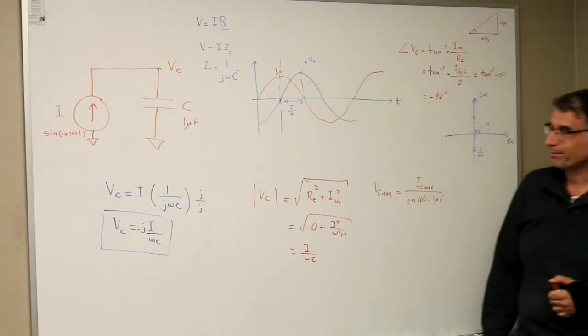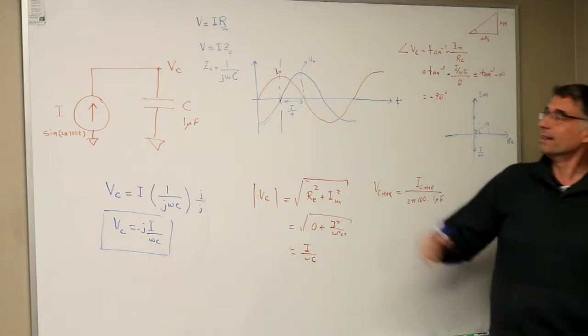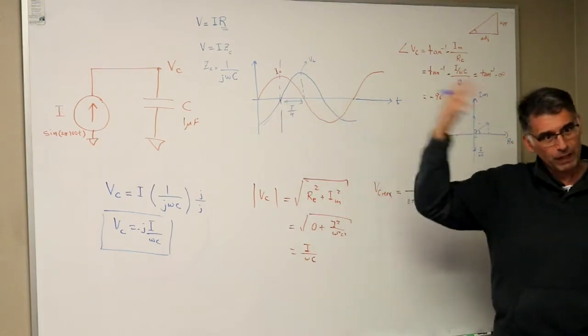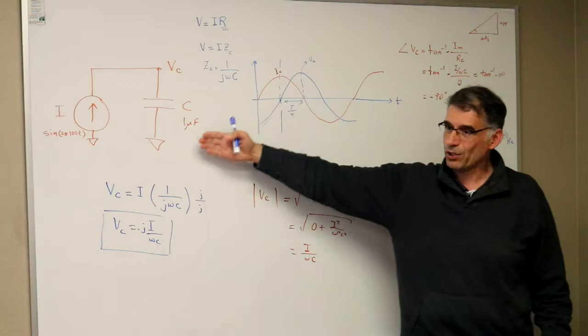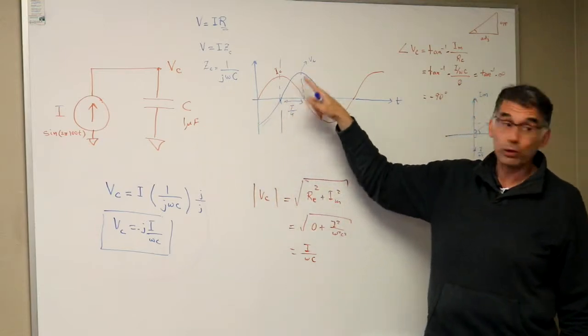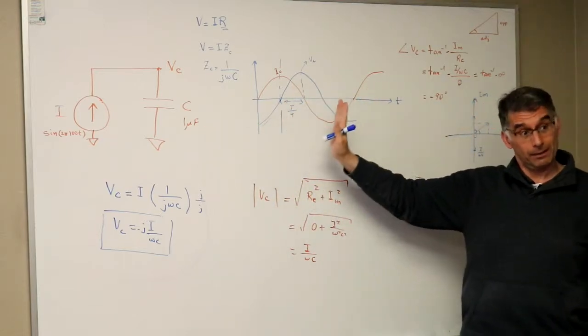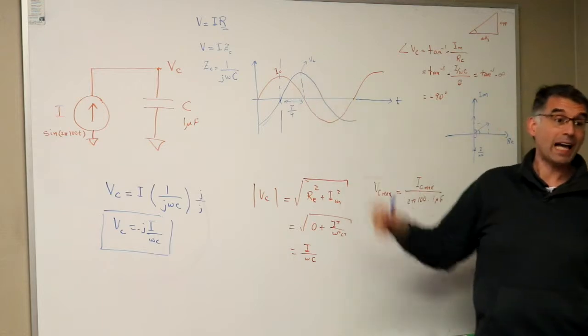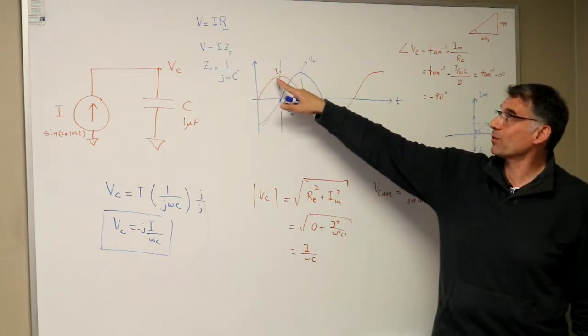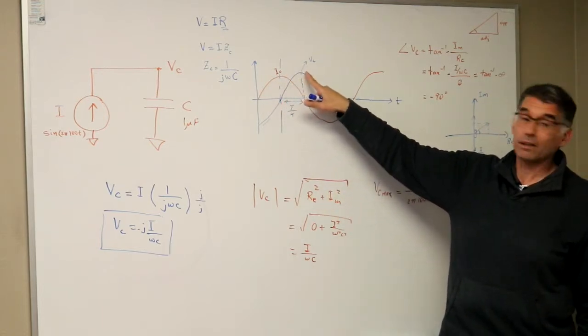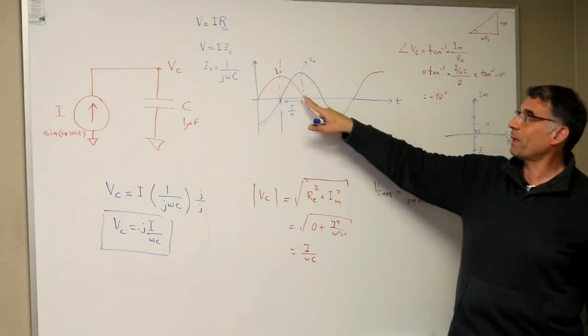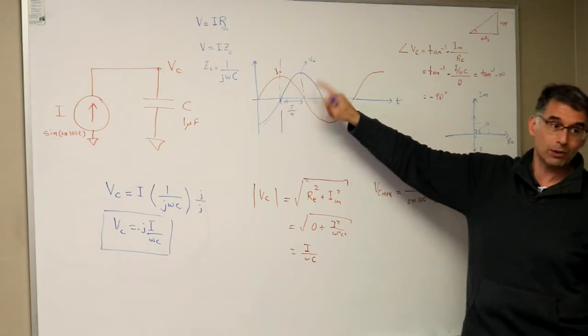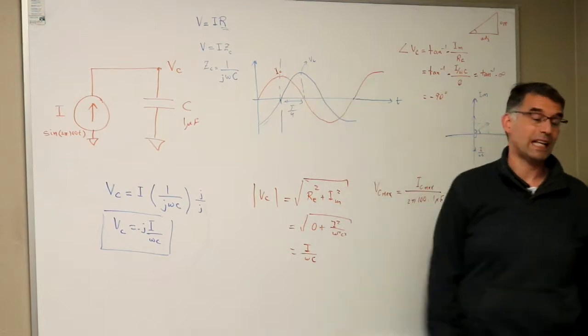Wait, so which one's first? But in this case, physically, when you look at what's actually happening, the voltage is building up, so it is actually lagging. The current has reached its maximum, but not the voltage. And the voltage doesn't reach its maximum until the current reaches 0, so the voltage is actually lagging.